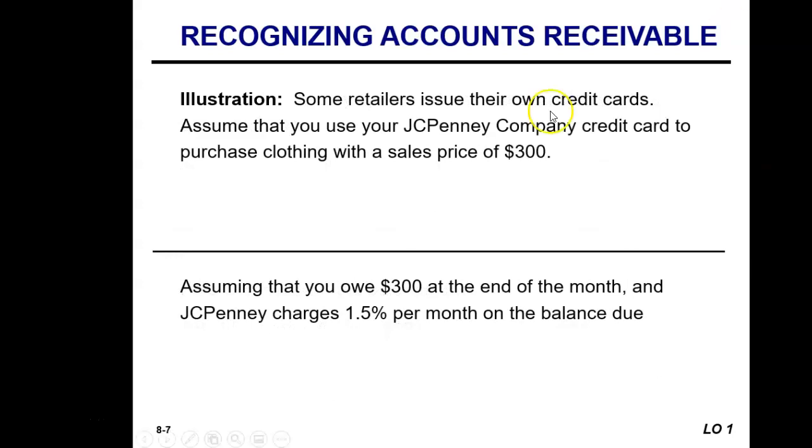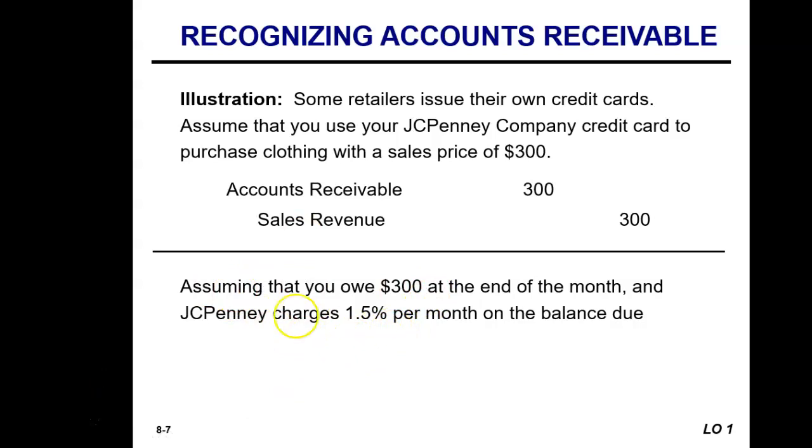Now, some retailers issue their own credit cards. So assume that you use your JCPenney company credit card to purchase clothing with a sales price of $300. The merchant would debit accounts receivable for $300 and credit sales revenue for $300. Of course, when you use credit cards, you must pay a finance fee, which is known as interest.